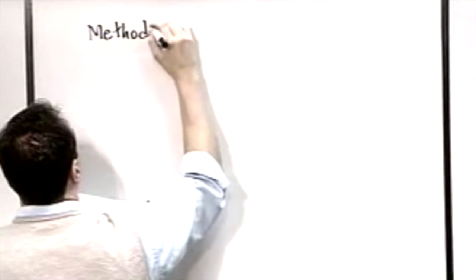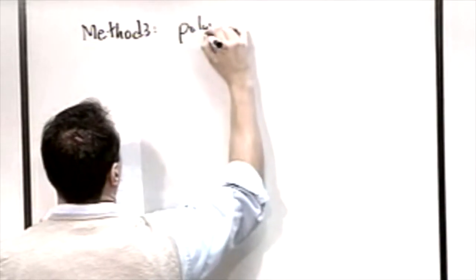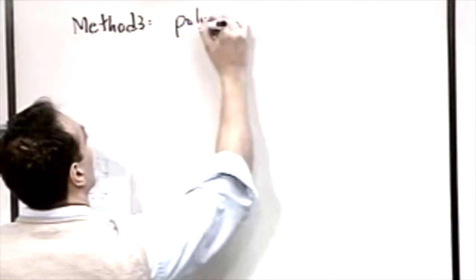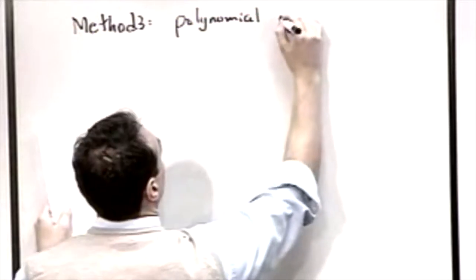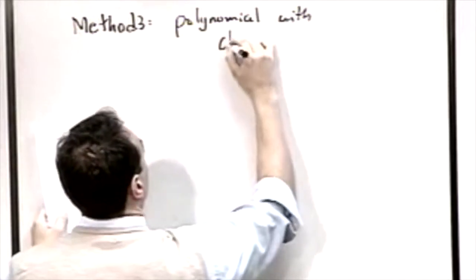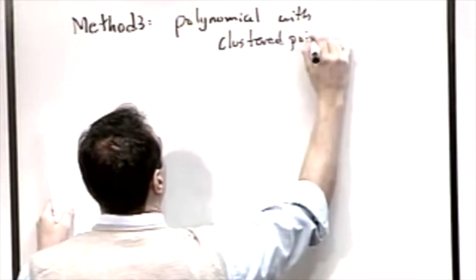Which brings us to method 3. We're going to do polynomial fitting again. Let's try this again: polynomial with clustered points.